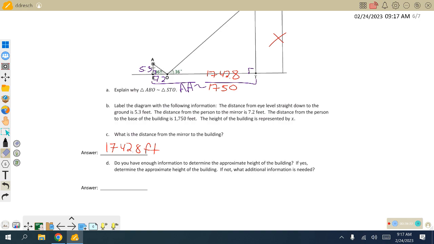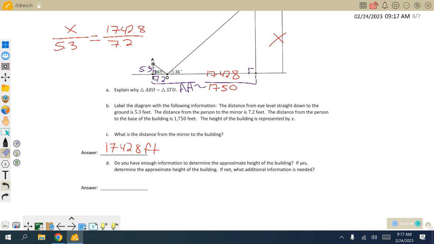All right, set up your proportion if you haven't done so yet. I always start with the variable at this time in proportion applications. X corresponds to the height of the building, height of the person. Since I start off with the X, I'm going to start off with 1742.8 to 7.2.